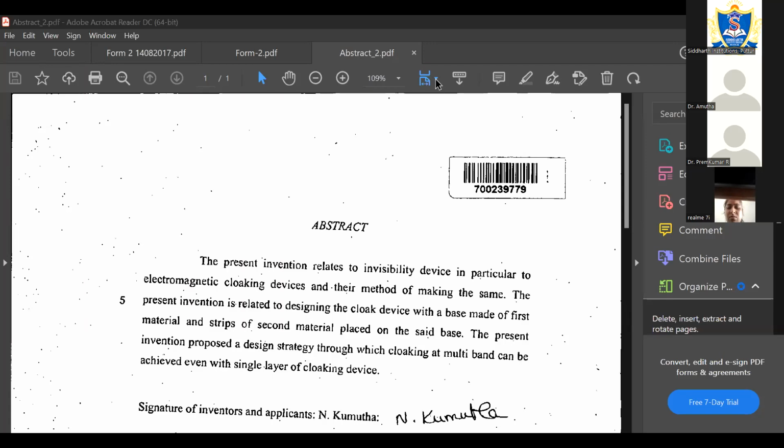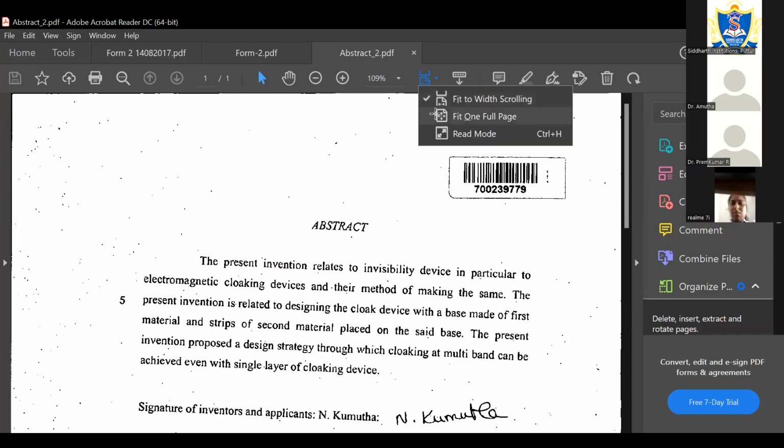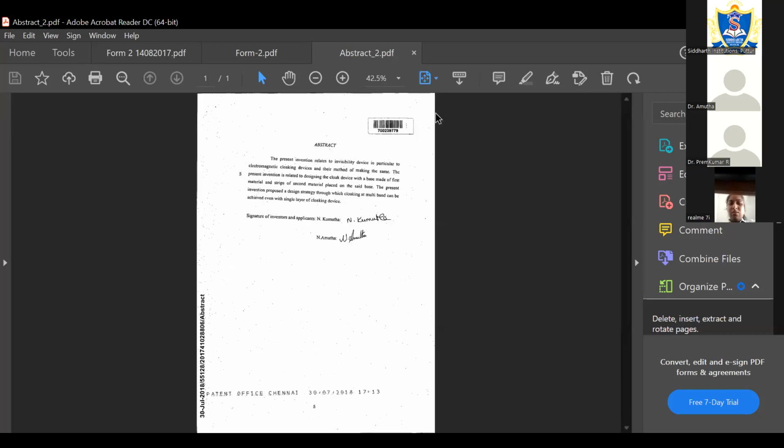I think my screen is visible, and this is how the abstract will look, and you have to submit your things. Here you can see the page size, with 4 centimeters at the top and left-hand side of your document, and 3 centimeters on the right and bottom. It should also be numbered at every 5th line.